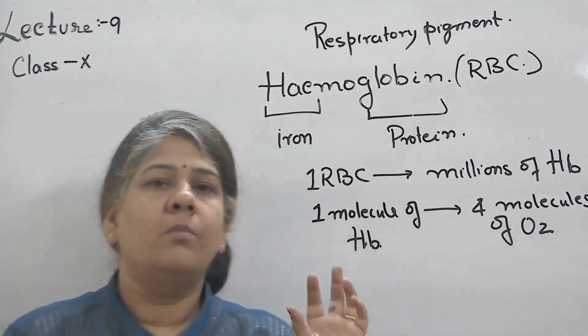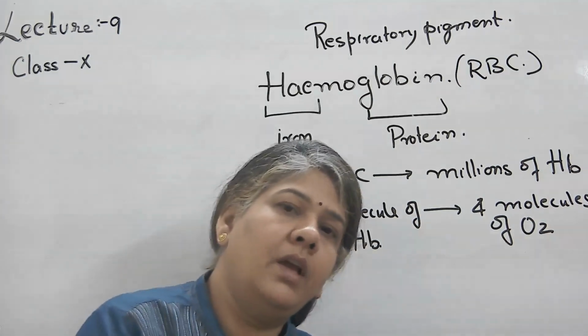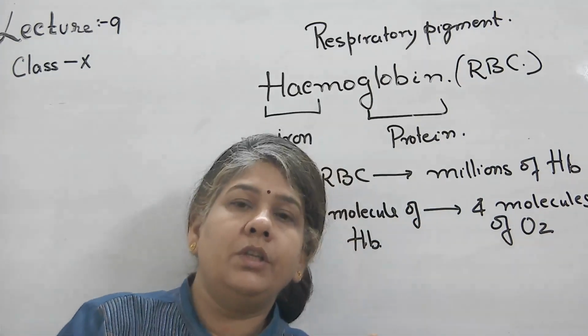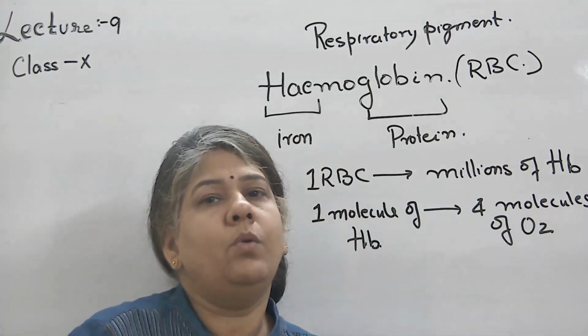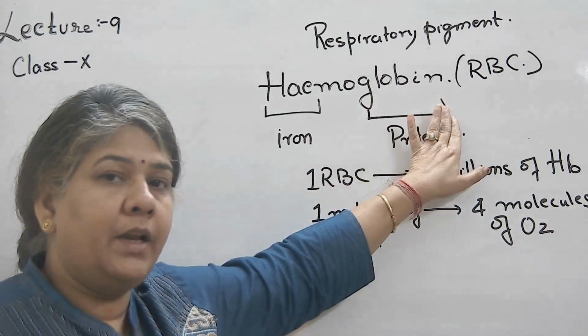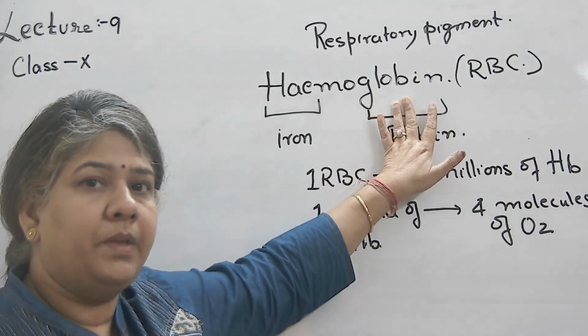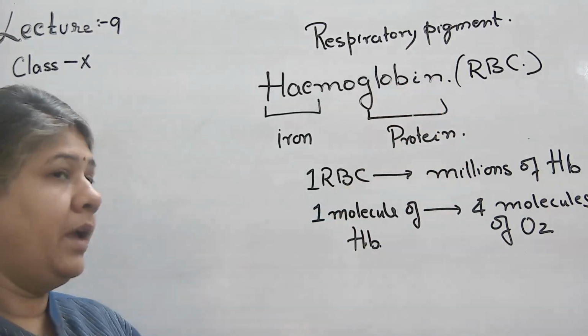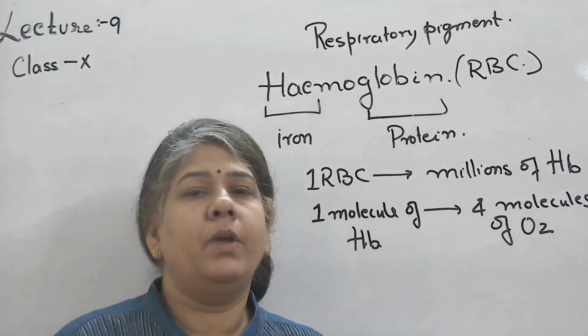Affinity means more liking for oxygen, or we can say in reverse way, oxygen has greater affinity for hemoglobin as compared to carbon dioxide. So oxygen is basically transported through hemoglobin in a combined form, and carbon dioxide is basically transported in dissolved form in plasma.